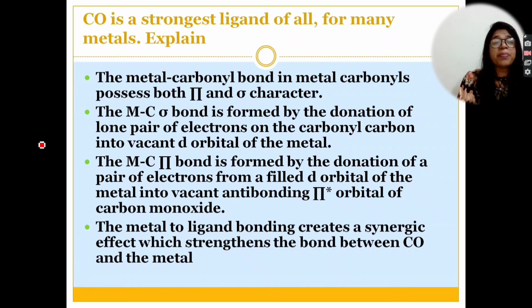Also, it forms a pi bond when the metal donates a pair of electrons to the antibonding pi star orbital of CO. So, because CO forms a double bond with the central metal ion, it is the strongest of all ligands. This effect is called synergic effect.